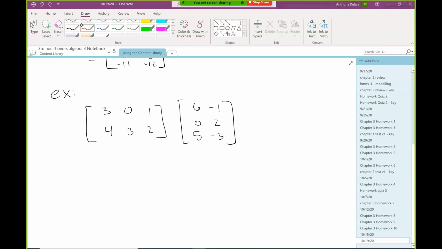So we're just going to practice multiplying these two matrices together, just in your notebooks or wherever.